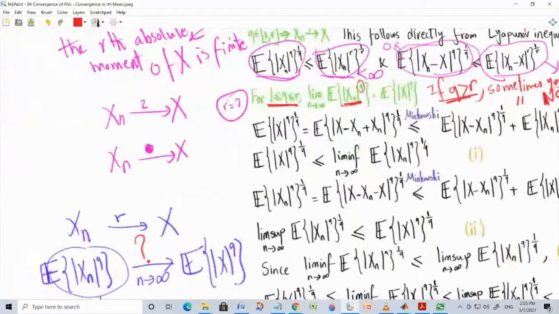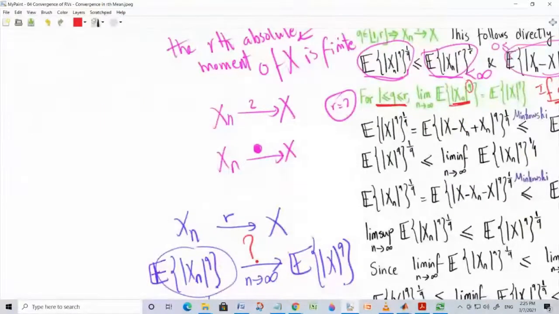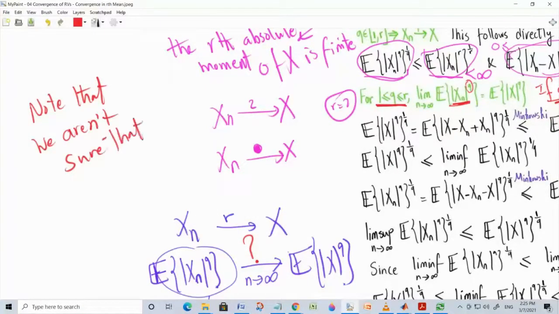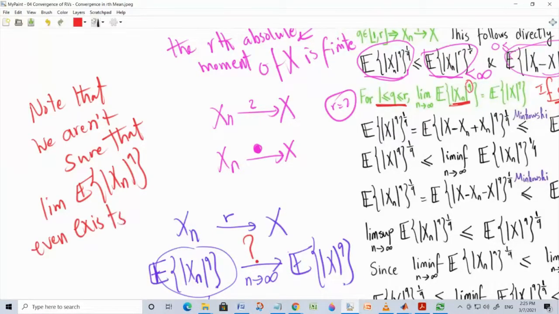Okay, so note that we aren't sure that the limit of the expectation of xn to the q even exists.